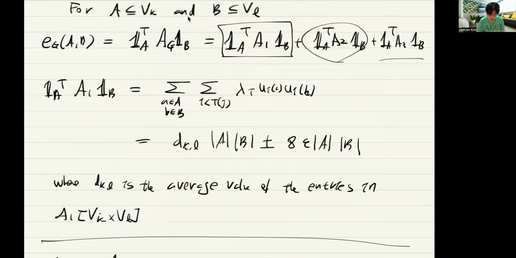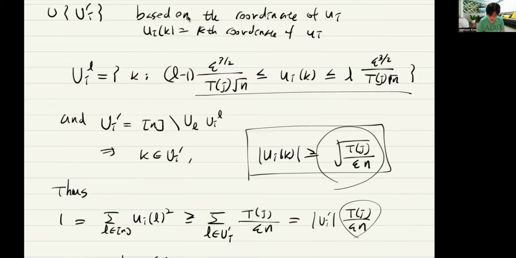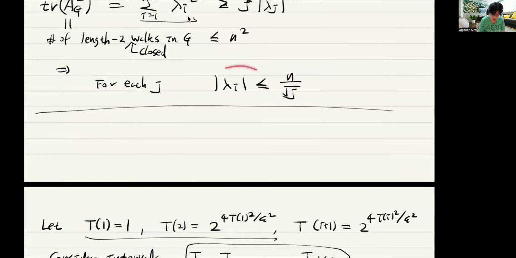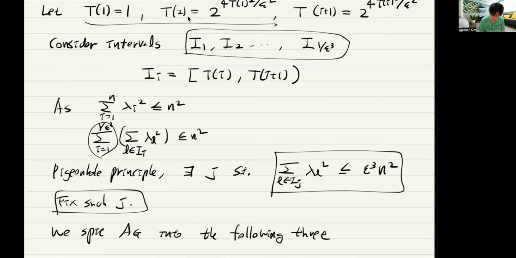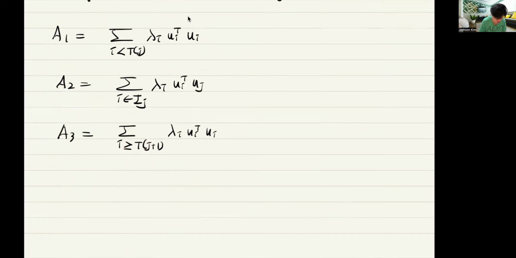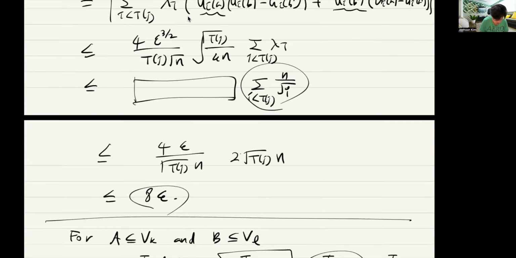Because we have shown that this one holds, and for the third one, you only have the small eigenvalues, the eigenvalues for i bigger than this number, t of j plus 1.